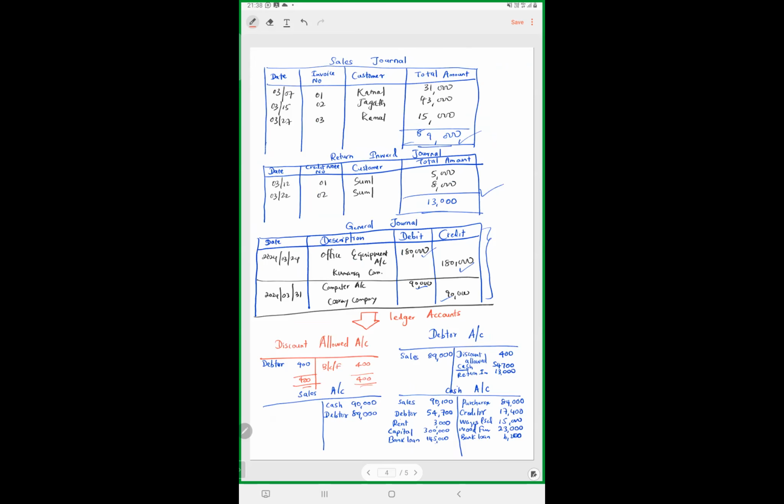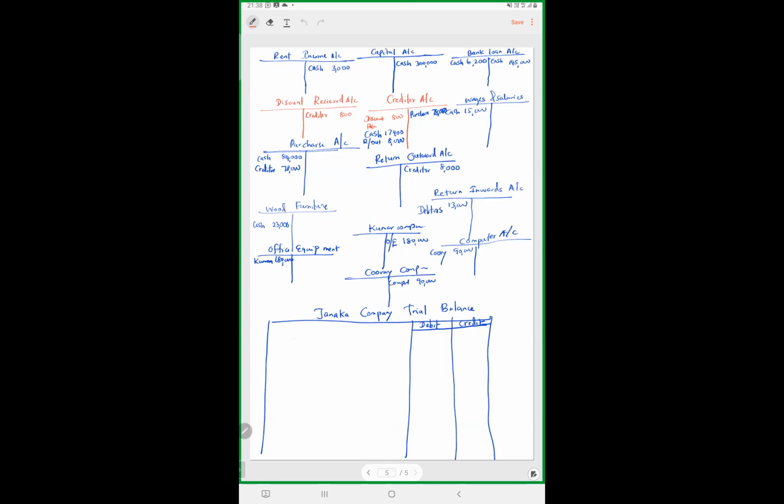Okay? So then in the trial balance, we need to record discount allowed $400. Likewise, you need to close all the ledger accounts and get the balance to the trial balance.